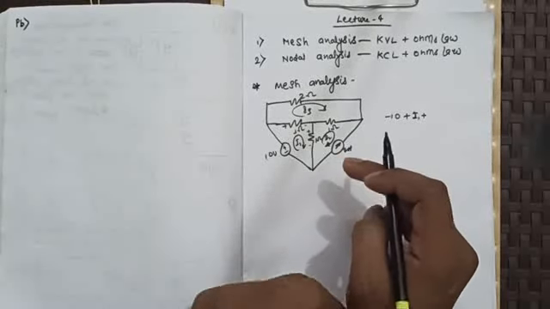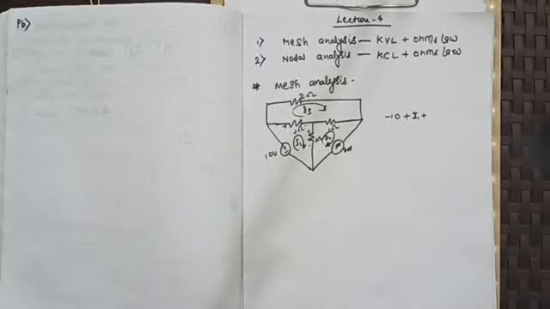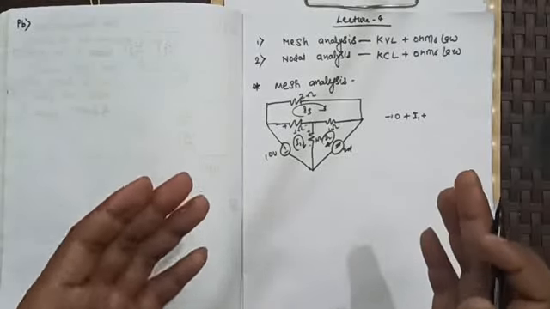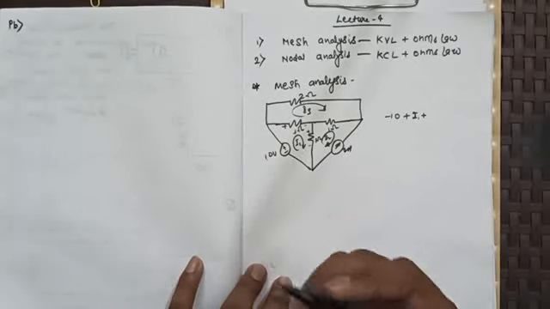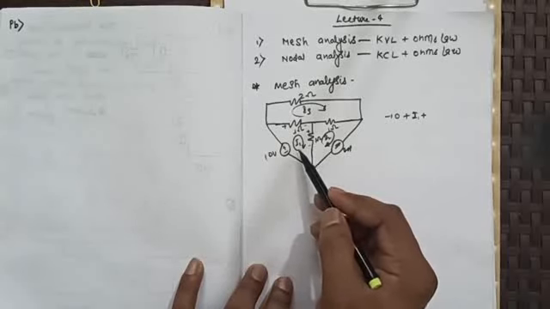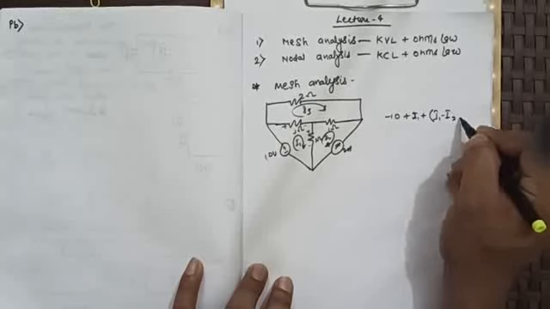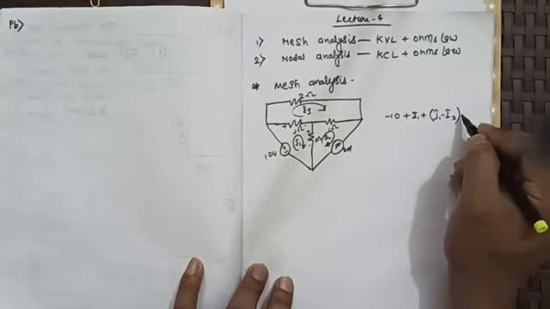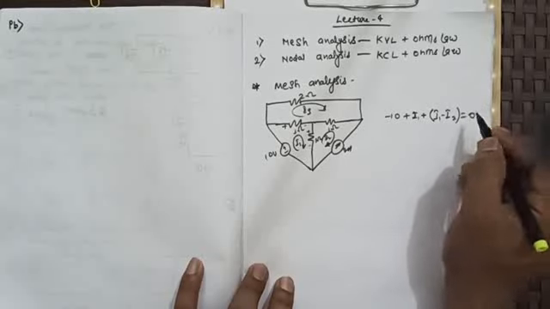So these two currents in this resistor are in opposite directions, so we have to write the difference of these two currents. But since we are writing KVL in mesh 1, we will give priority to I1. So I1 minus I2 through the 1 ohm resistor multiplied by 1 ohm is equal to 0.